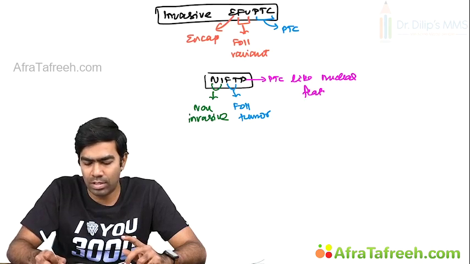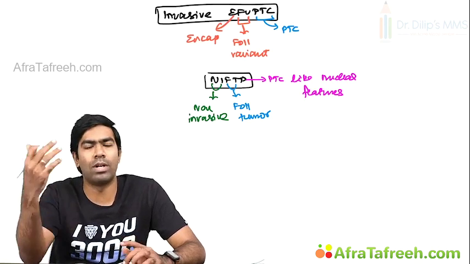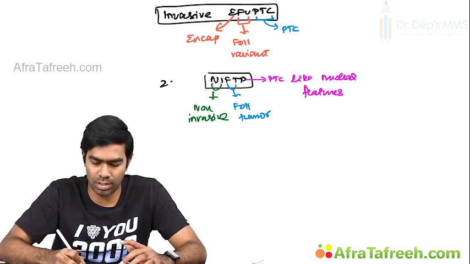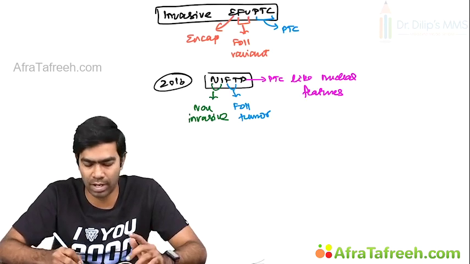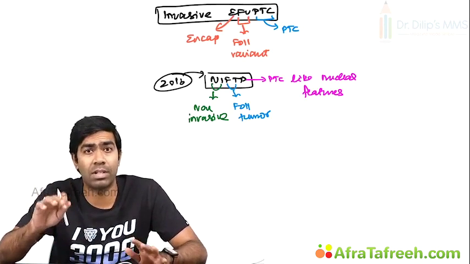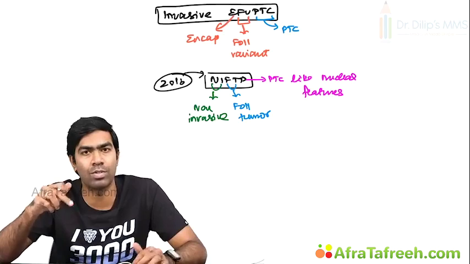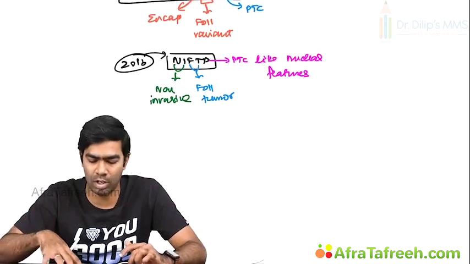You must know this one particular variant given in old pathology books, that is the follicular variant of PTC. So this is a 2016 revision of that. This is NIFTP. The term follicular variant of PTC is no longer used. Instead, we are going to use NIFTP as the nomenclature.